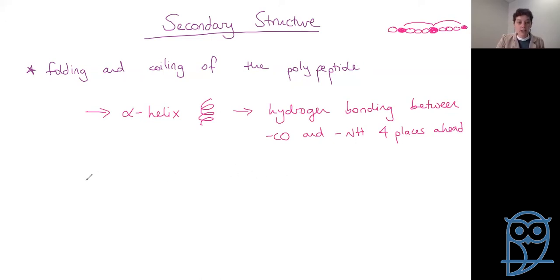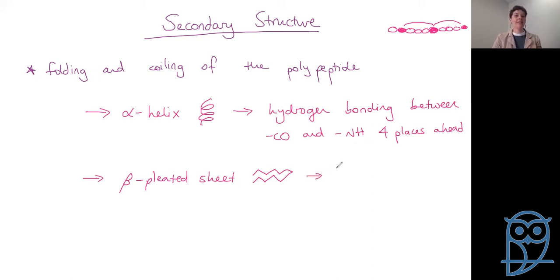Our beta pleated sheet is our other secondary structure. And that is a little bit more challenging to draw. It looks a bit like this. So you've got some examples in your book and in your notes that are a better 3D representation of beta pleated sheet.